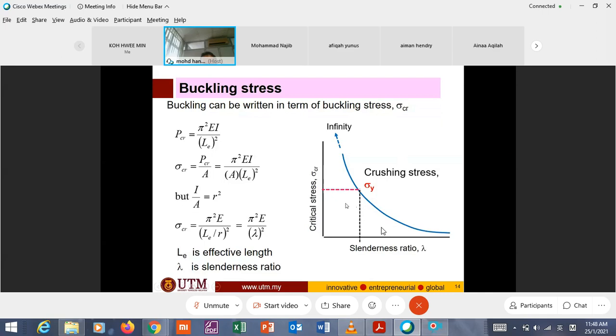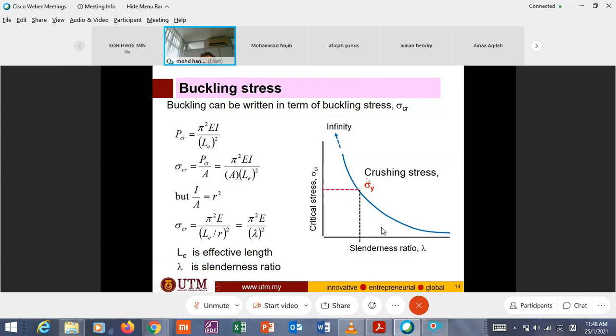If you have a short pencil, or short bar or member, it will not buckle, but it will fail in crushing or bearing when the loading reaches sigma y, the yield stress.